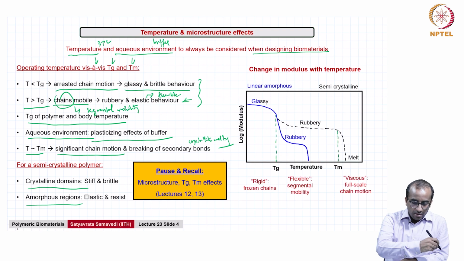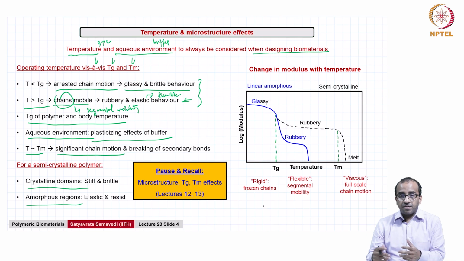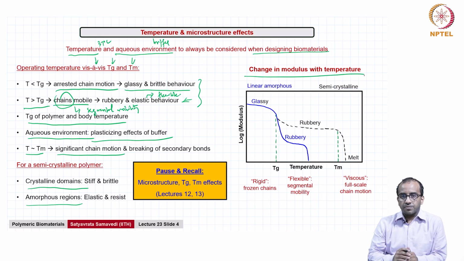Now, you can ask, what is the effect of temperature on modulus, which is one property that we have seen. We are showing change in modulus with temperature here, because our interest is to look at the effect of temperature on mechanical properties and to contextualize it against the transition temperatures in polymers, namely Tg and Tm.